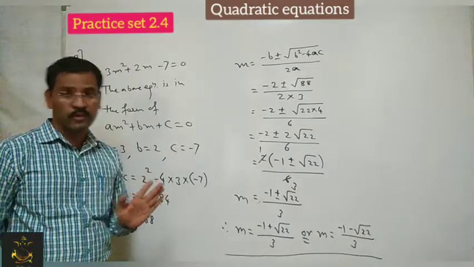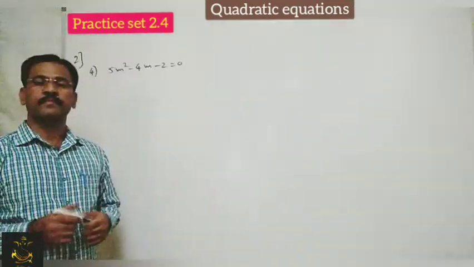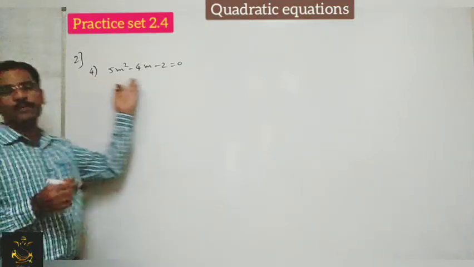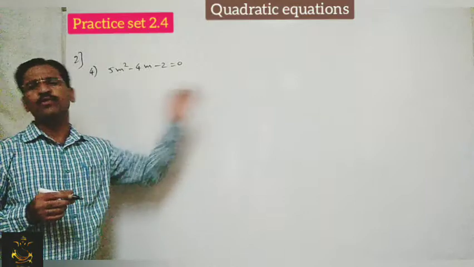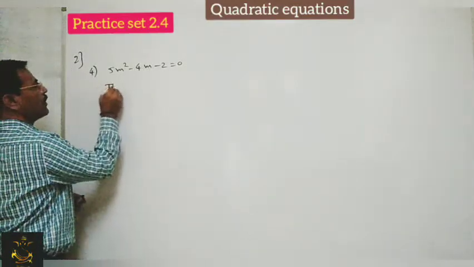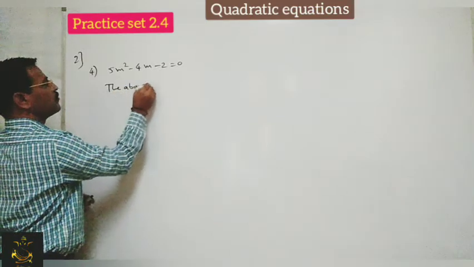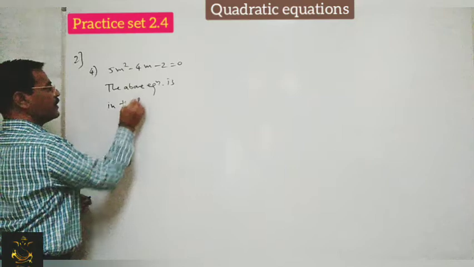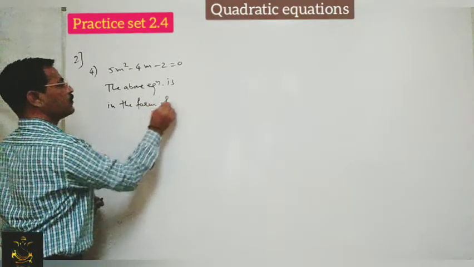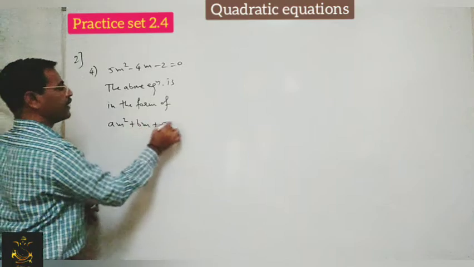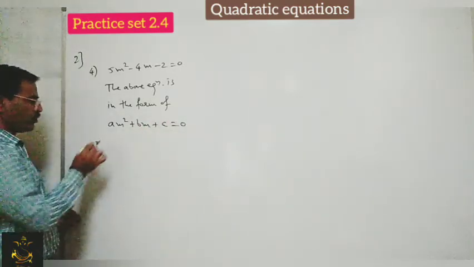Like this, we can solve the example. Understand, friends? Look here. Now we'll take the next sum, which is the fourth one, 5m squared minus 4m minus 2 equal to 0. Again, it is in need form. The above equation is in the form of am squared plus bm plus c equal to 0.